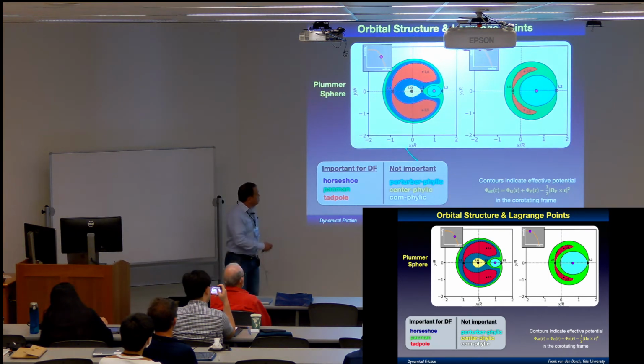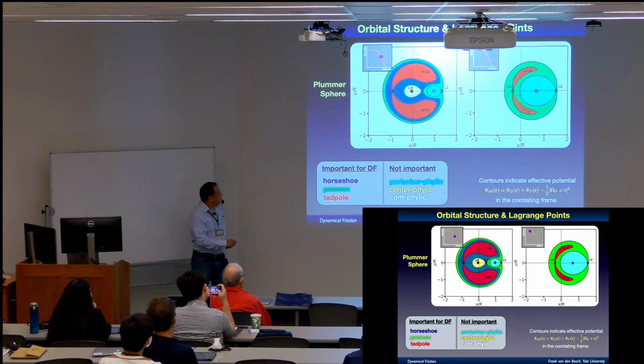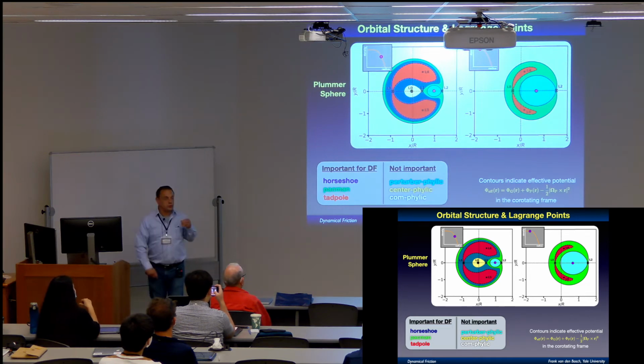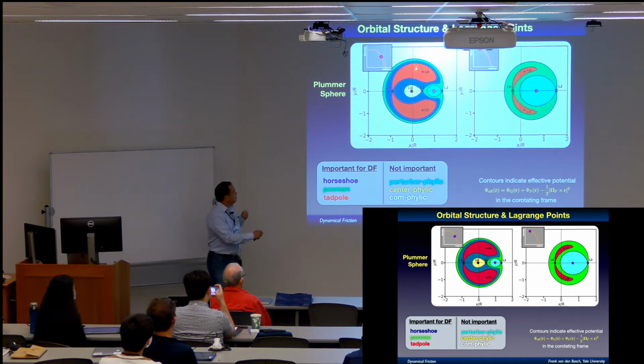This is showing the effective potential coordinates of the effective potential in the orbital plane. So here's my perturber, here's the center, here are your Lagrange points, and I've color-coded it by the orbit type. If you start your orbit integration here, say, then basically it contributes a tadpole orbit.